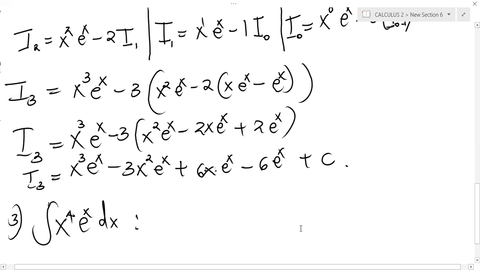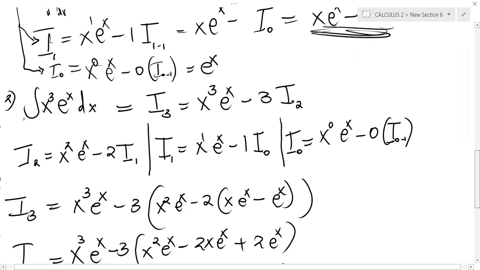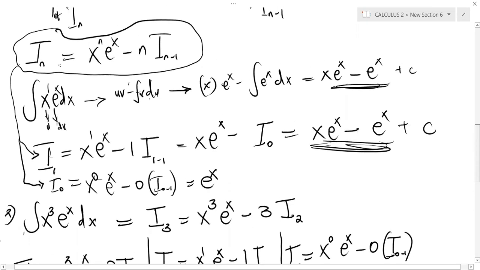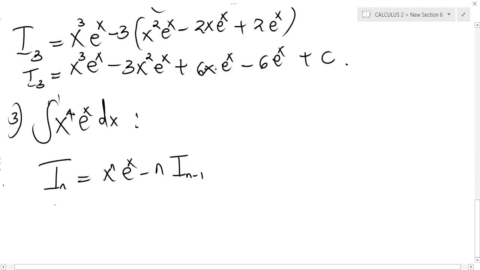Now, we already know that the general solution, IN, is equal to xn exponential x minus n IN minus 1. That's what we got when we evaluated here the general solution. So having that in mind, then what is our I4? Where there's n, you replace with 4: x4 exponential x minus 4I3.